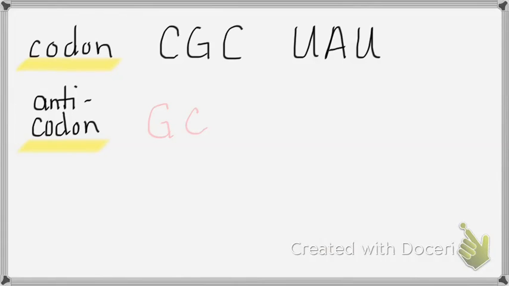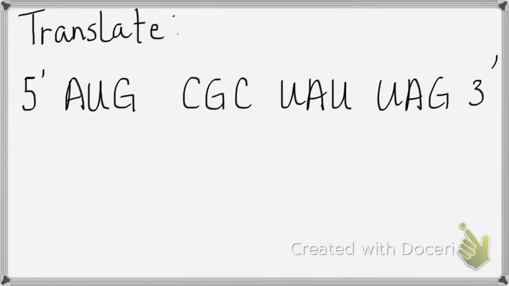G, C, G. Okay, and go ahead and give me the second anticodon. A, U, A. Everybody okay on making anticodons? See, it's 3 bases. Anticodons are 3 bases, and they're complementary to a codon. Okay, so we have it in words, then we can practice it and see that that's what it is.